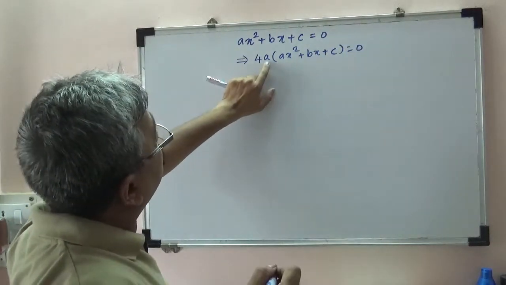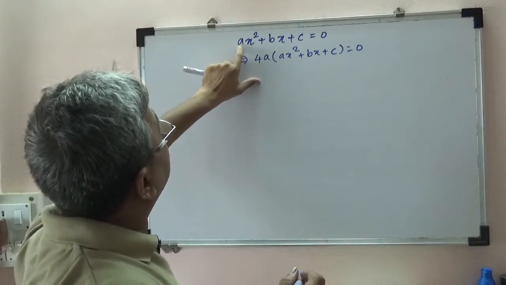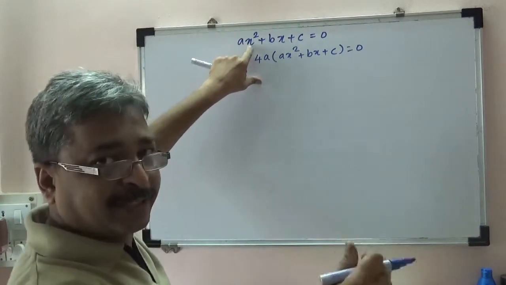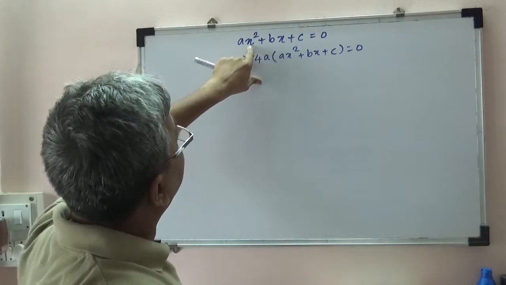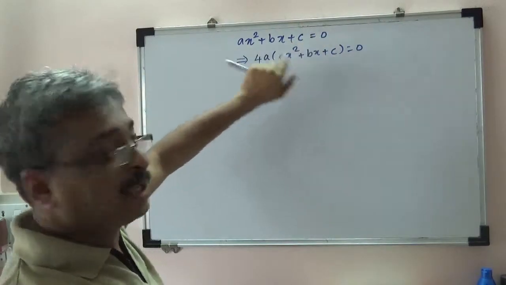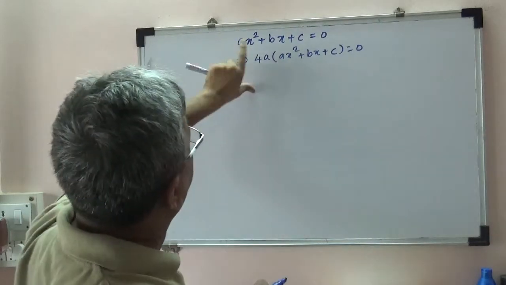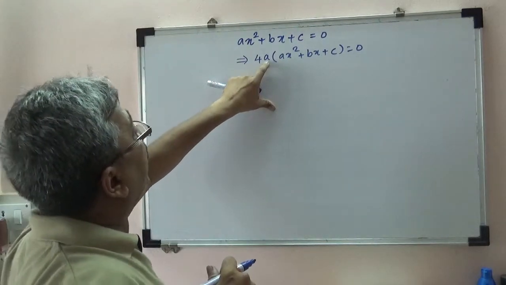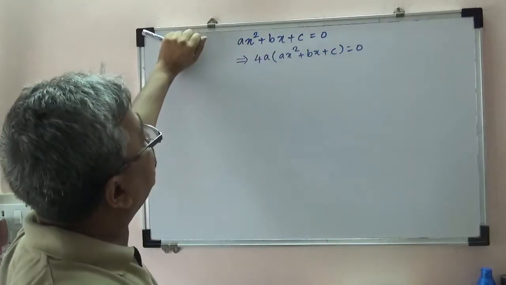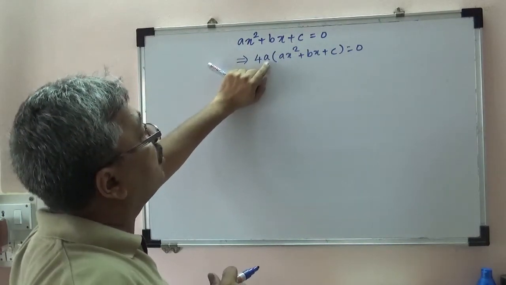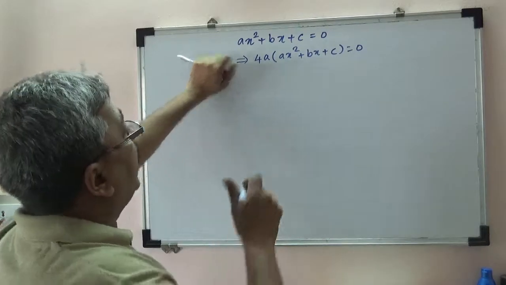I assume that a is not equal to 0, because then x square terms exist and it remains a quadratic equation. If a becomes 0, then it is very easy to solve because it is not a quadratic equation. So I can always multiply LHS and RHS of the given expression by a non-zero constant, which is 4a.